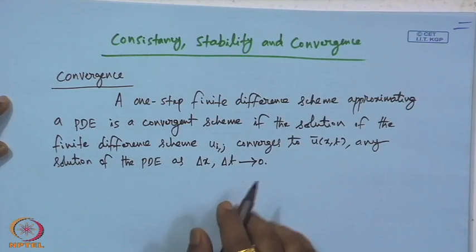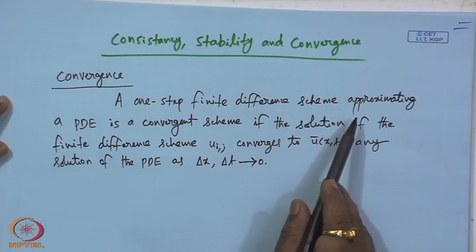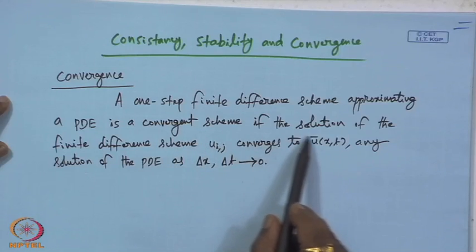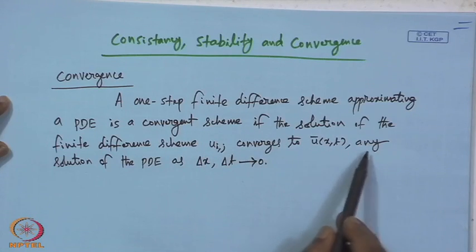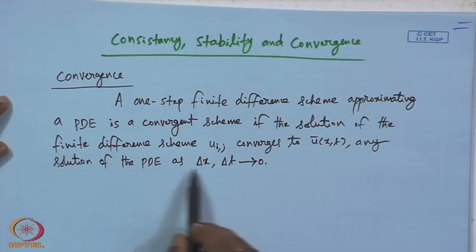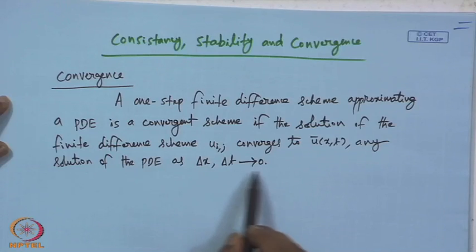So, this is a formal definition: a one step finite difference scheme approximating a PDE is a convergent scheme if the solution of the finite difference scheme Uij converges to the exact solution, which is any solution of the PDE, as these parameters go to 0.